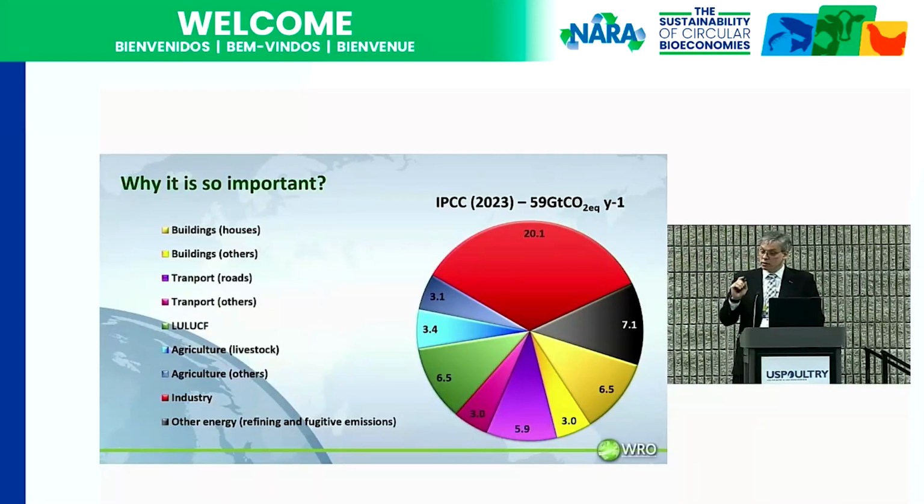And it's not all. When you read the IPCC report, and I advise you to read the IPCC report, from all this chunk, from industry to transport, the confidence is high to very high.